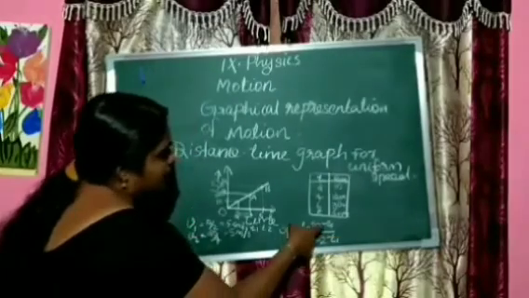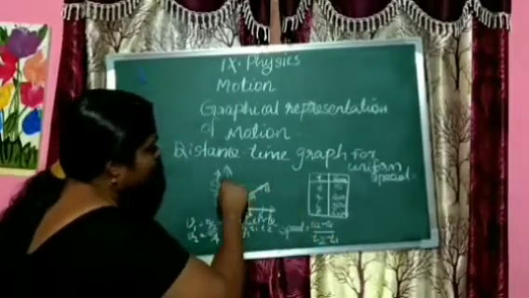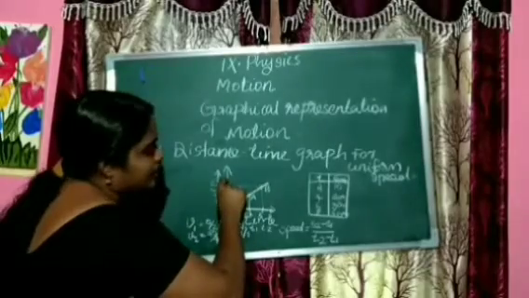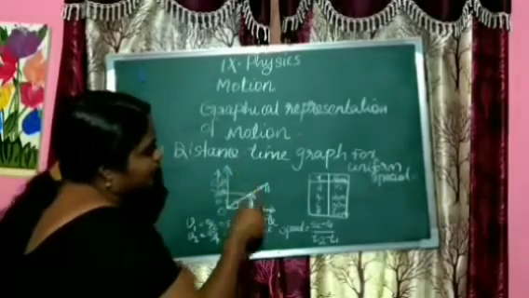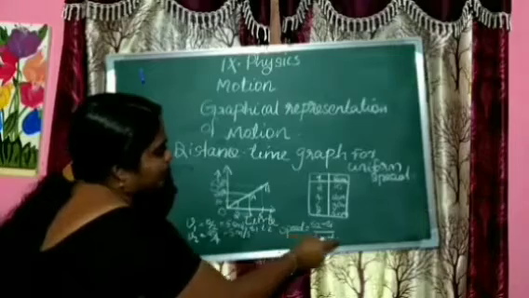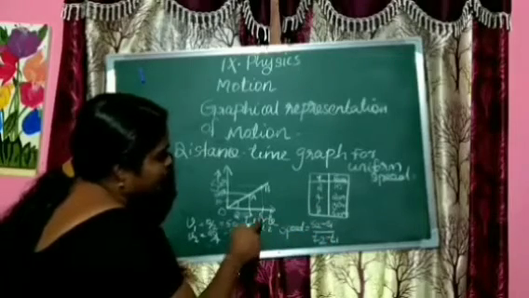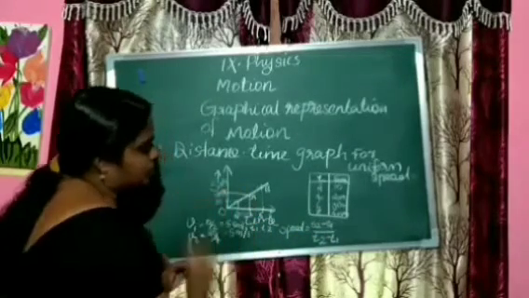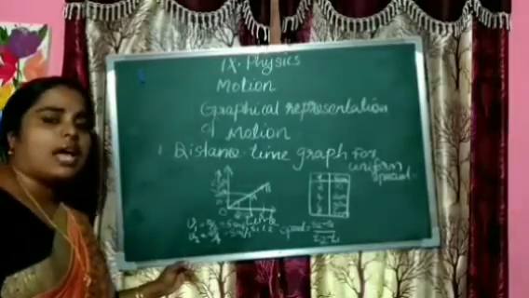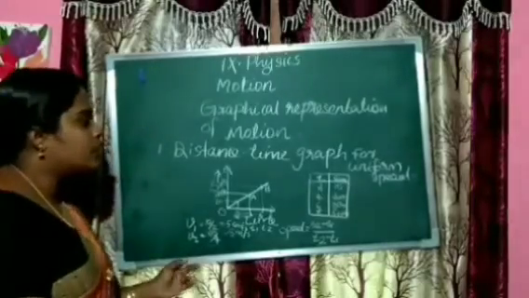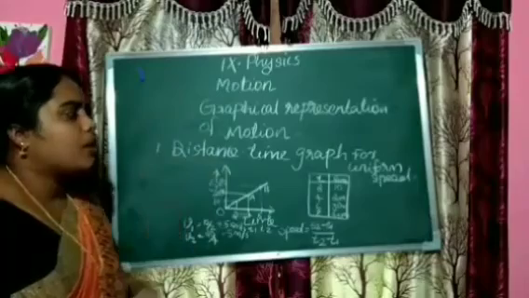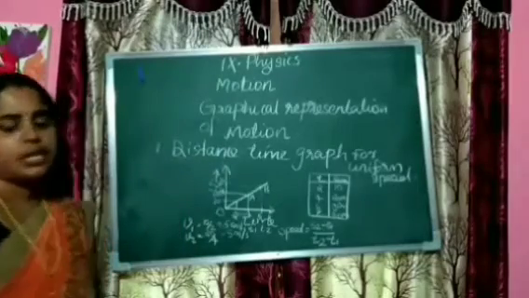So what is S2 minus S1? S2 minus S1 is the distance travelled during the time interval T2 minus T1. Here it is T2 and this point is T1. In this way we can calculate the speed of an object from a distance time graph for uniform speed.